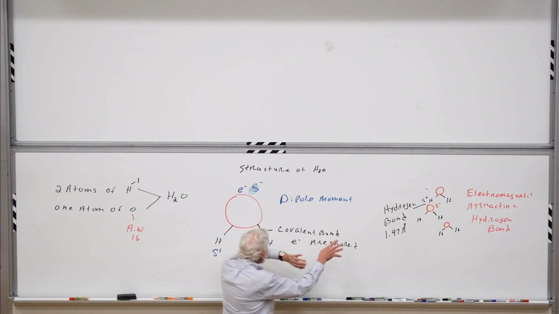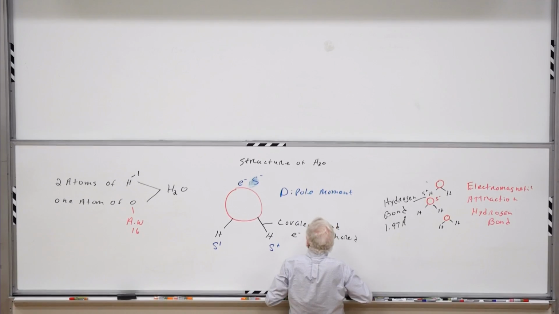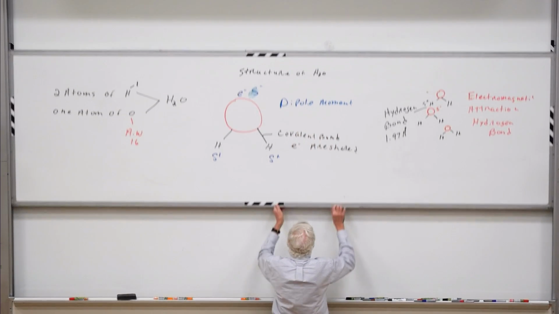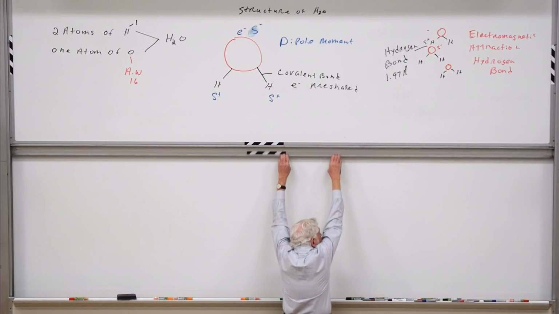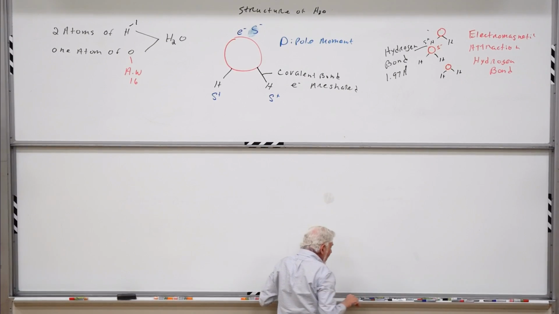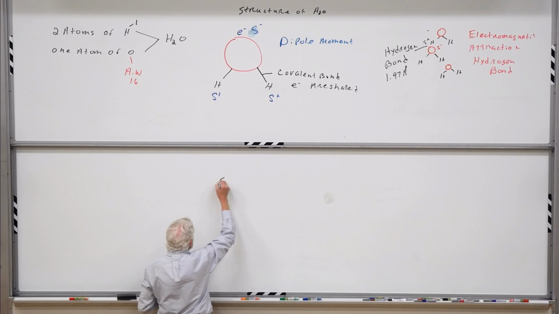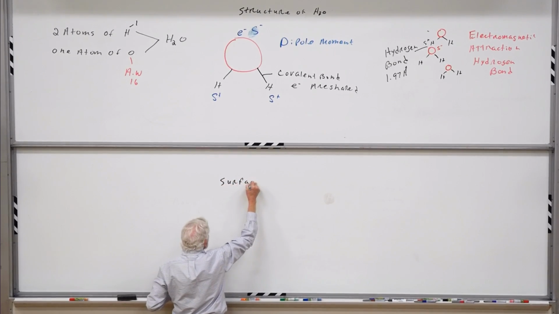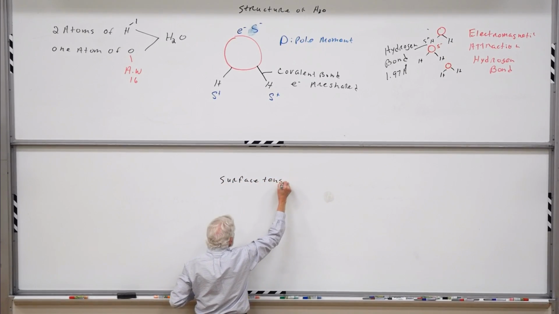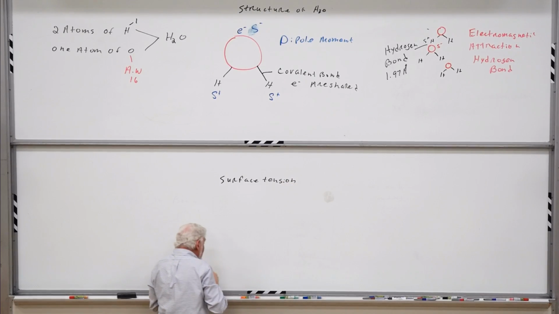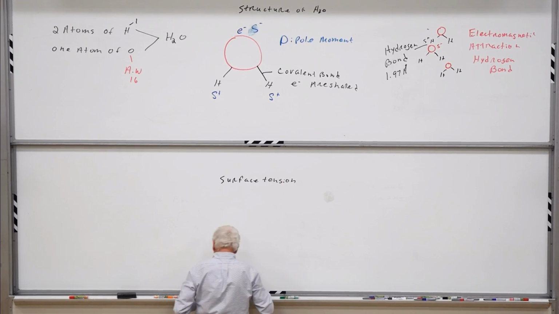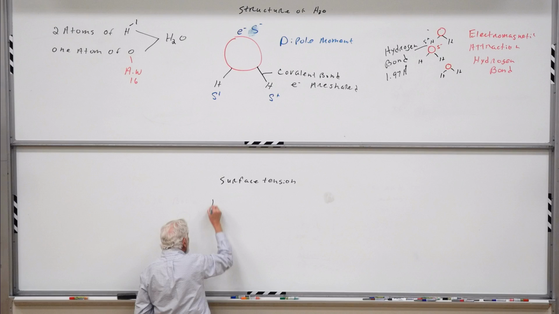So from this idea of the water molecules interacting through hydrogen bonding, I want to raise another concept, and this is a concept we're all familiar with. This is the idea of surface tension. We can explain surface tension at the air-water interface because of hydrogen bonding.